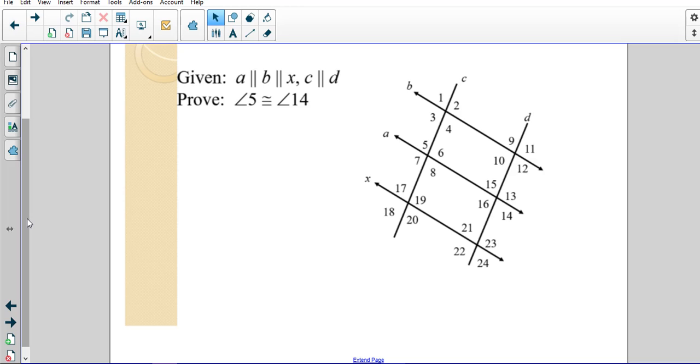We know that because if lines are parallel, alternate exterior angles are congruent. It's alternate because they're on the opposite side of this line, and exterior because they are outside of these 2 lines. And that's it. I'm about to erase it, so hit pause if you need to.